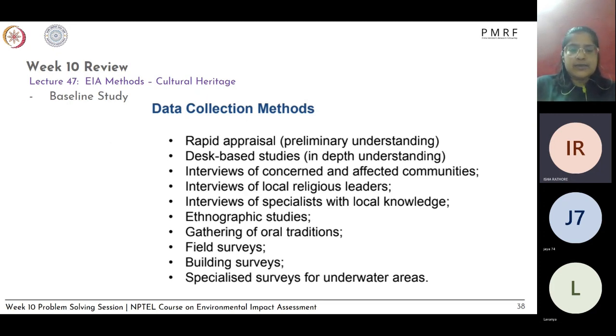So you can have desk-based studies, interviews with concerned authorities and affected communities, interviews with local people, specialists with local knowledge, ethnographic studies, gathering of oral tradition information, field surveys, building surveys, specialized surveys for underwater areas if your site is in an underwater area.